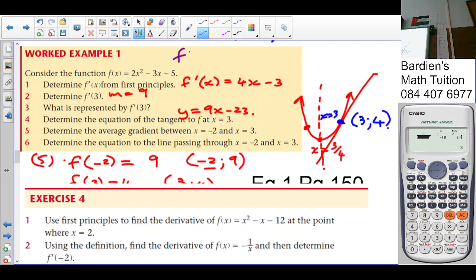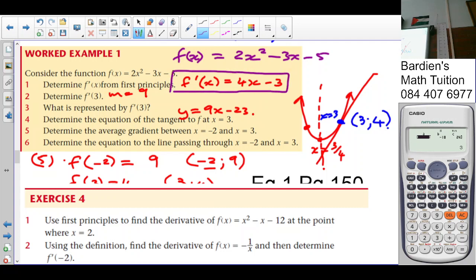If we look at this sum here, we are given f of x equals 2x squared minus 3x minus 5. And when we worked out our derivative, we got that. What do you notice? Do you see the relationship between that and that? If we look at this number here, there's 2. 2 times that 2 is 4.